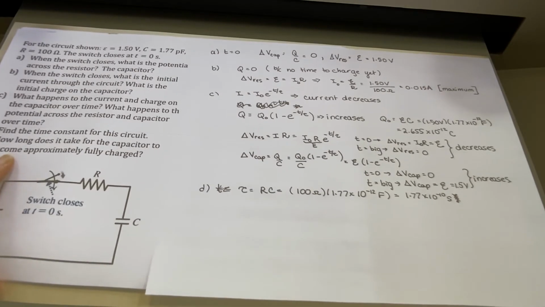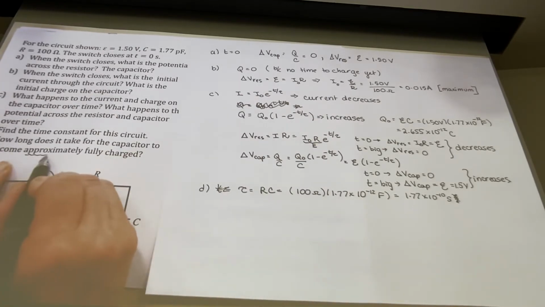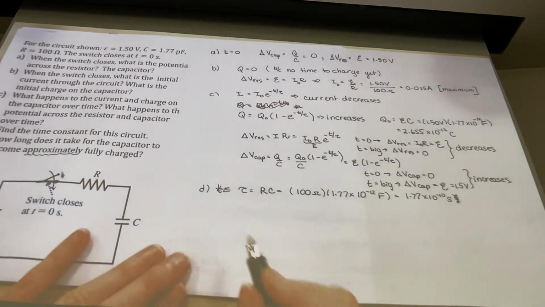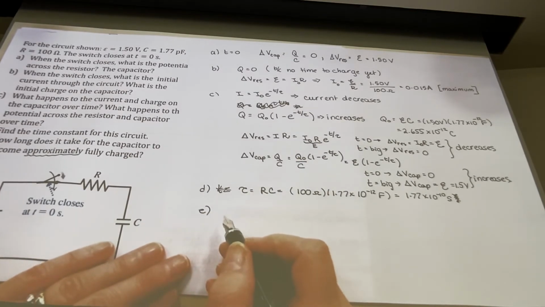Part E, how long does it take for the capacitor to become approximately fully charged? In a test, this word may or may not be there. If I say fully charged, I'm not looking for you to be a smart aleck and say never. It means after 5 time constants, so you may or may not see the word approximately. But I do often tend to be a bit pedantic, so it wouldn't be like me to leave it out.